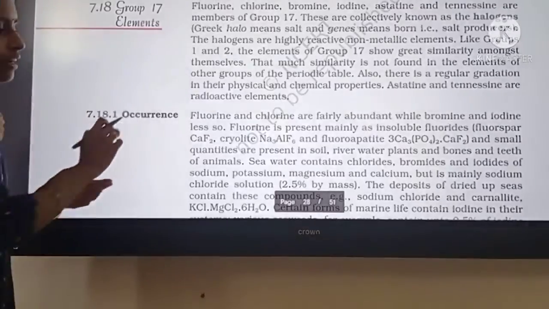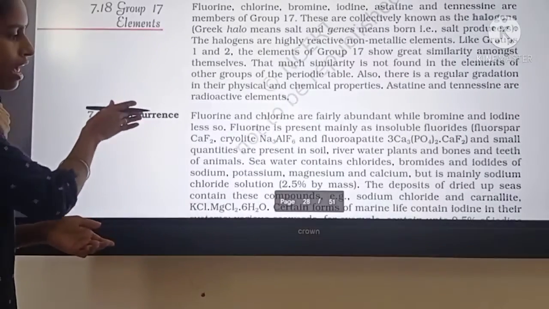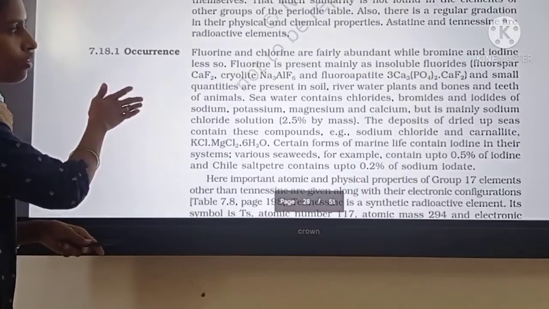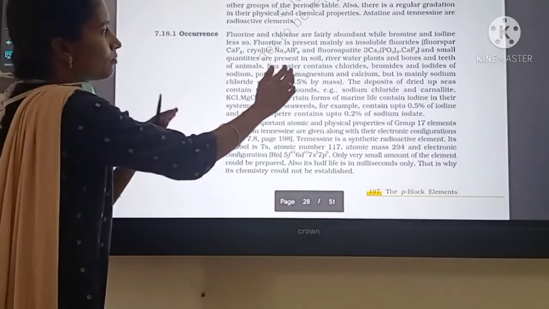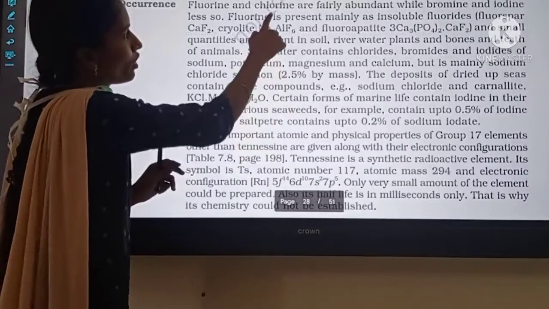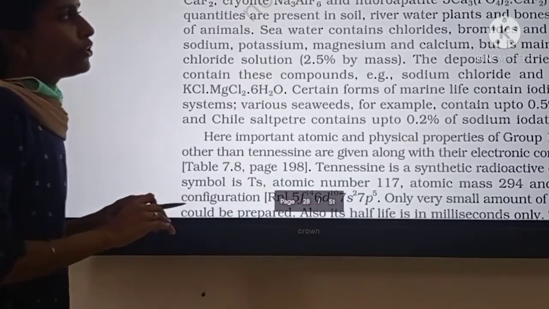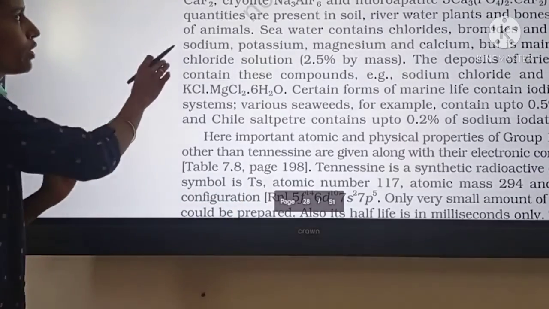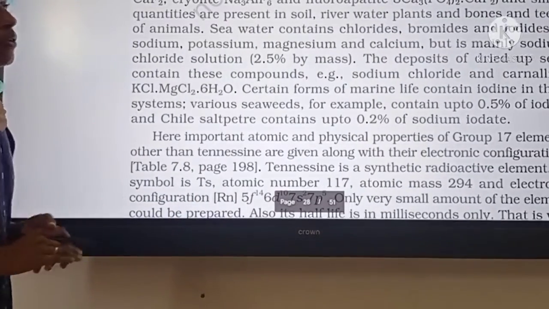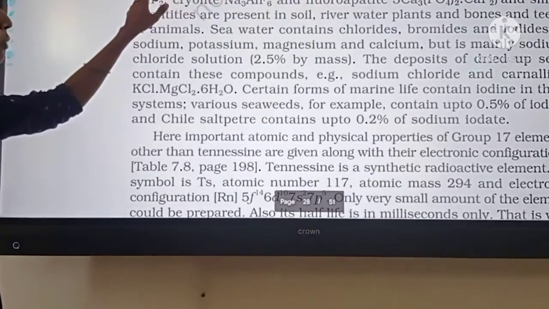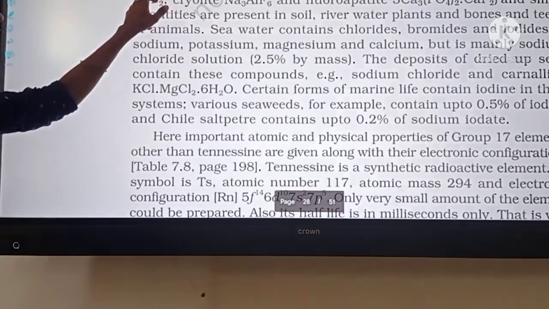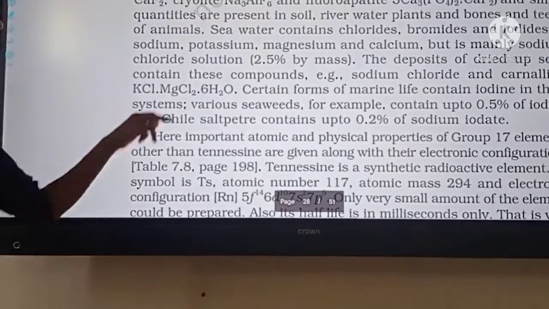And then occurrence. The occurrence of halogens: fluorine and chlorine are fairly abundant, while bromine and iodine are less abundant.